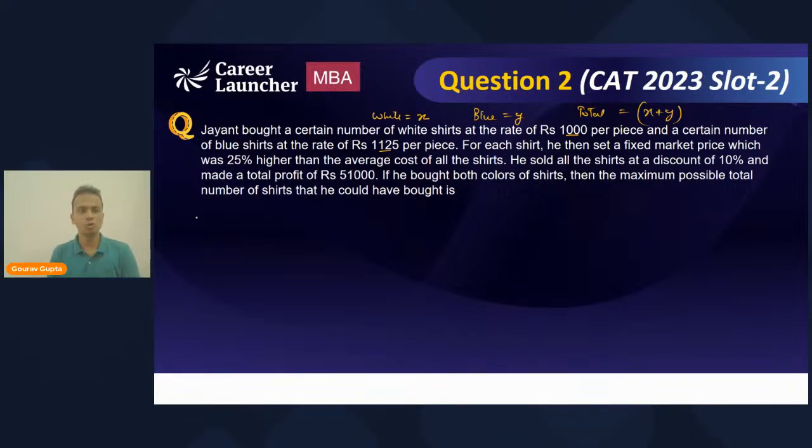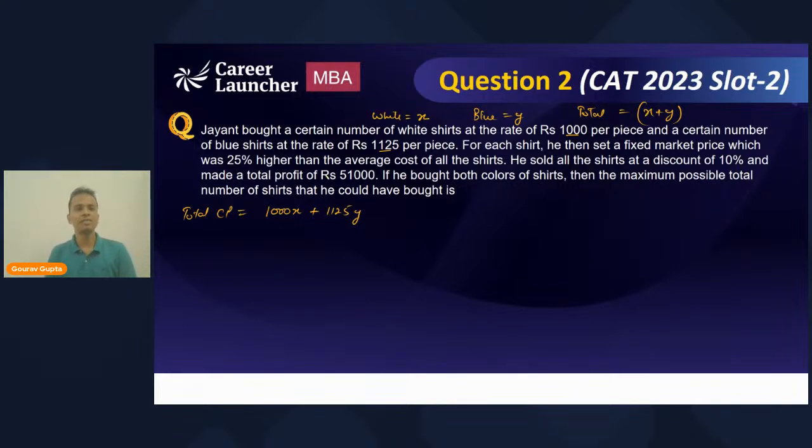So the total cost price of all these shirts should be equal to 1000x plus 1125y. Each white shirt is of 1,000 rupees, so 1000x. Each blue shirt is of 1125 rupees, so 1125 times y. So this is the total money that he has spent. This is the total cost price.